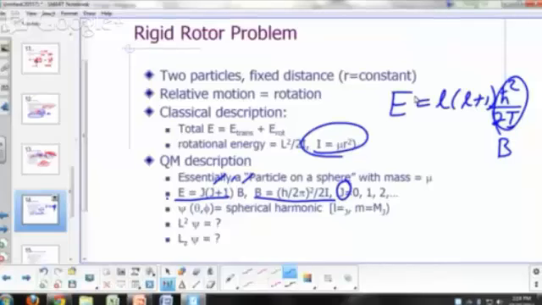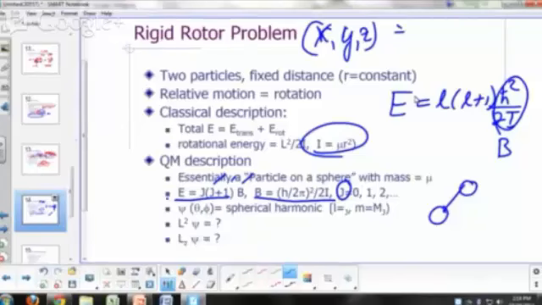What's our wave function? So in this particular case, for your internal coordinates, instead of having x, y, and z, it's convenient to use spherical polar coordinates, r, theta, and phi. Why? Because that simplifies your problem.